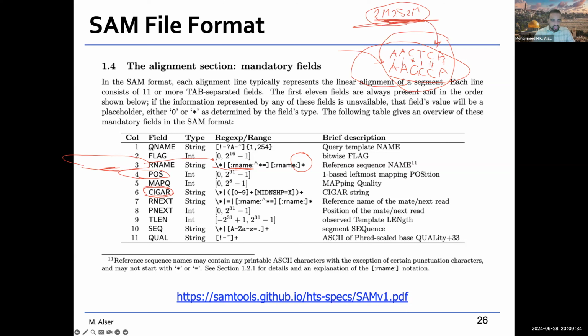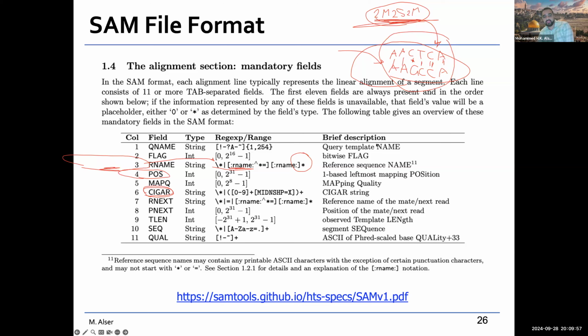So a CIGAR string is a string that has a number of operations. The number could be 100, 200, 1,000, a million, which is how many of that operation. And then the operation type itself. So we could have matches, insertion, deletion, undefined, substitution, and so on.